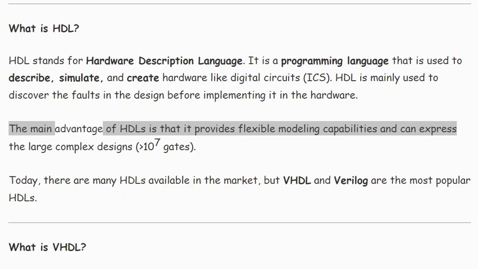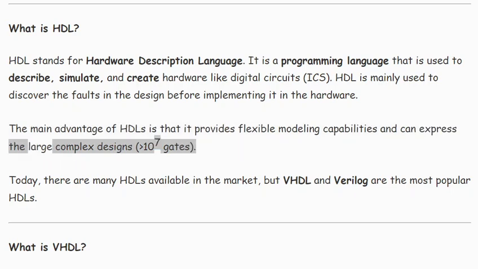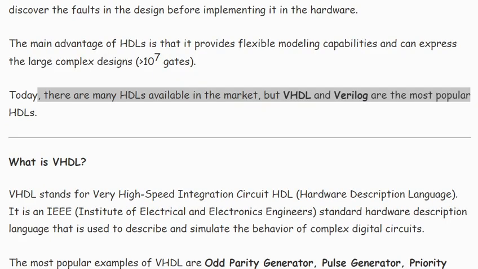The main advantage of HDLs is that it provides flexible modeling capabilities and can express large complex designs, 10^7 gates. Today, there are many HDLs available in the market, but VHDL and Verilog are the most popular HDLs.